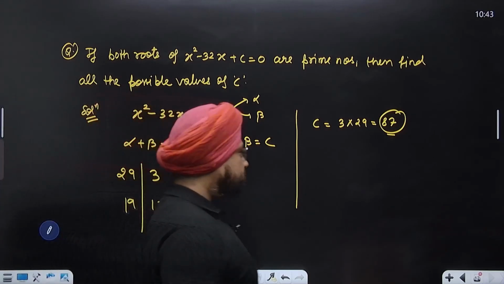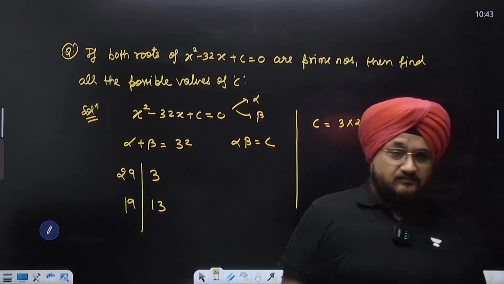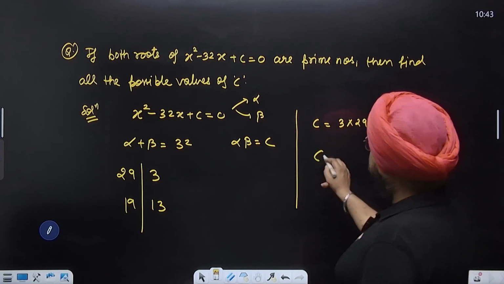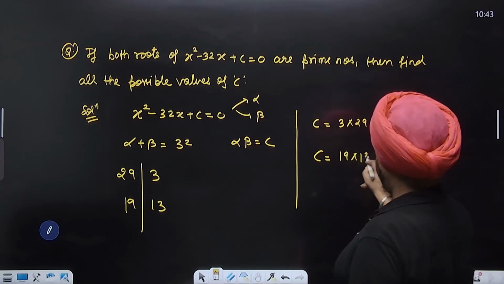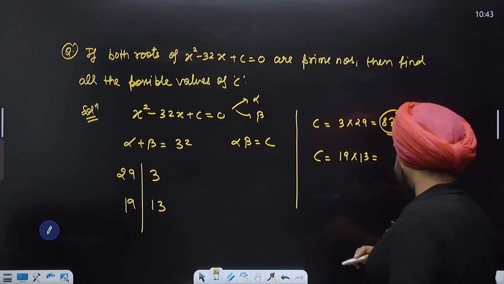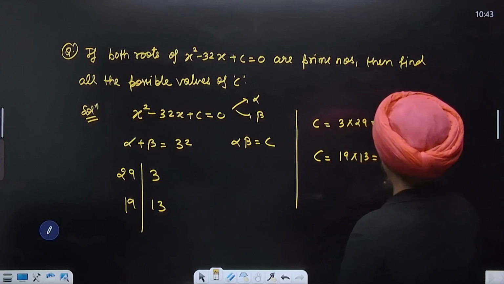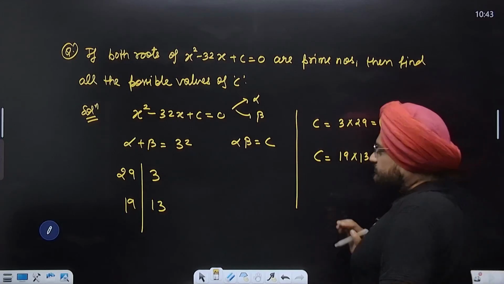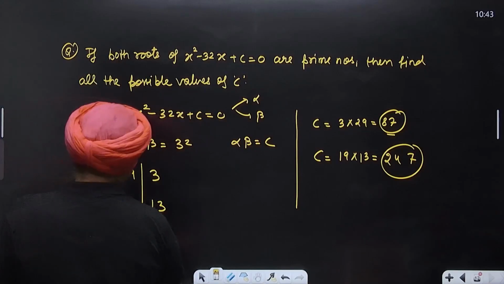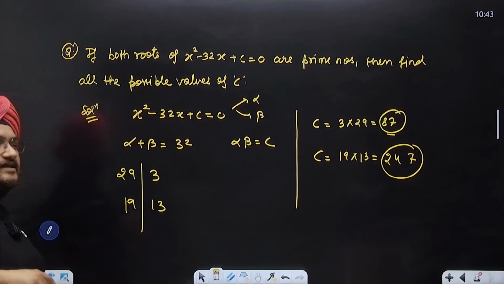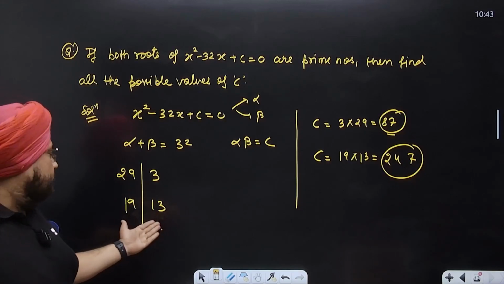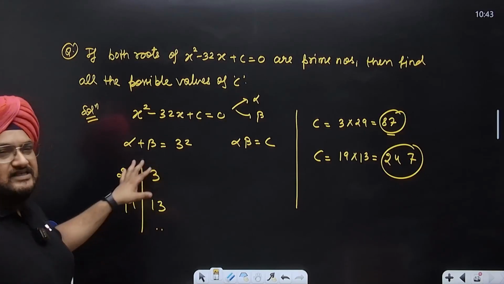Both are prime numbers. So another pair of roots has come out, 19 and 13. C will be 19 into 13, which is 247. One of the values of C is 247. Now move forward. If I take 17, the other will become 15, not a prime number. All cases are done.